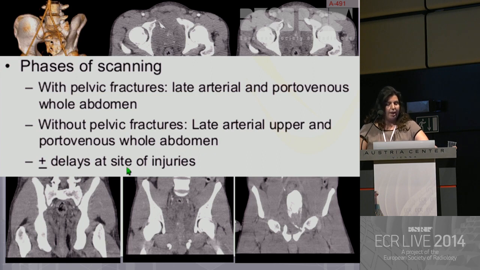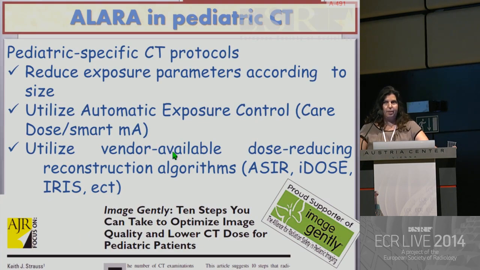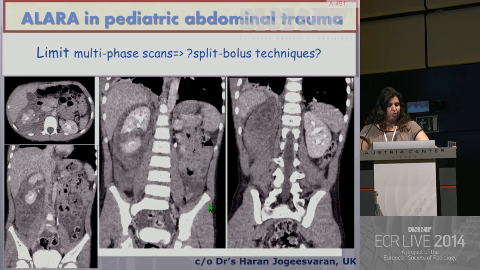And we are there to detect any vascular leaks for a possible delayed scan, collimated scan. And of course, I refer you to this very nice article. You need to reduce the exposure parameter size-wise and use all the vendor-available techniques to reduce your dose.